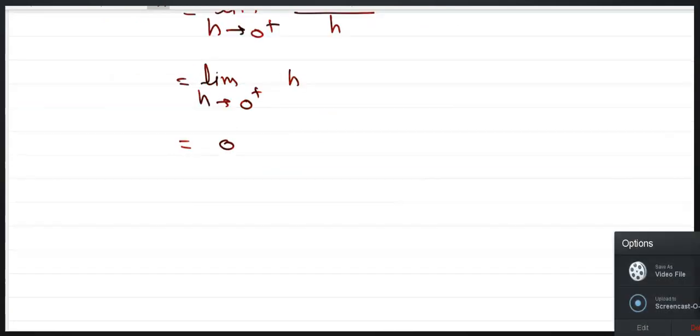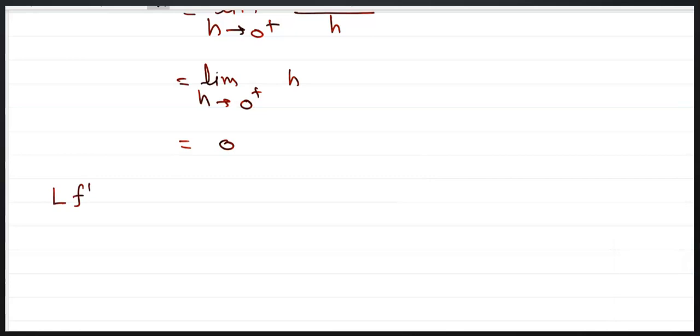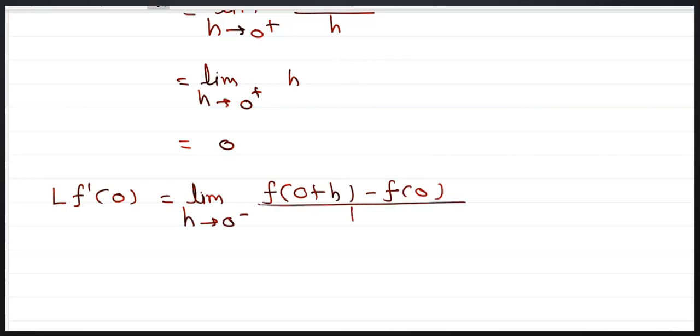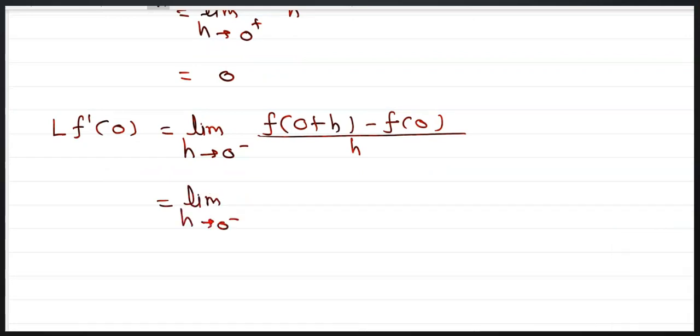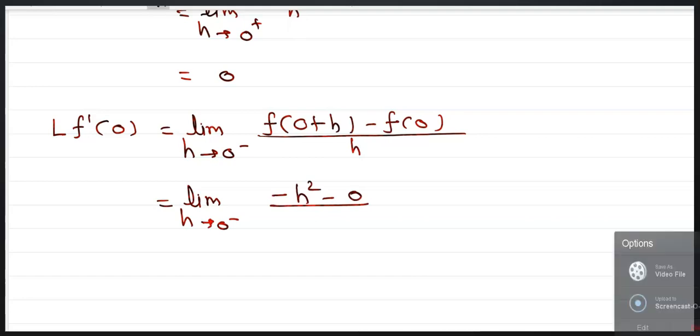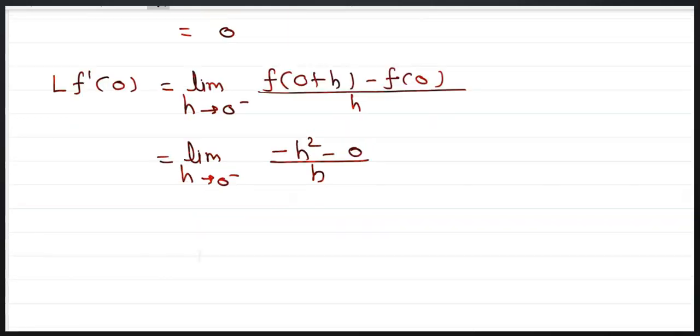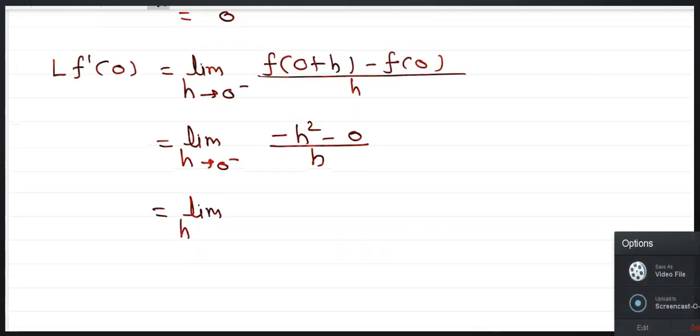Now the left hand side differentiation, or the left hand side limit h tends to 0, f of 0 plus h minus f of 0 upon h, limit h tends to 0, minus h square, because we have defined its value as minus h square, and overall you will get its limit is 0.